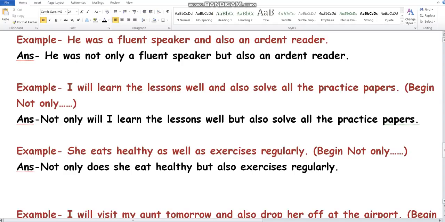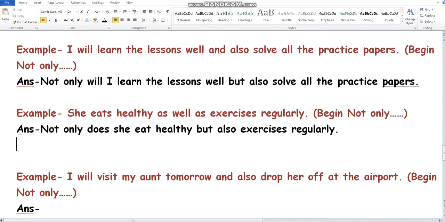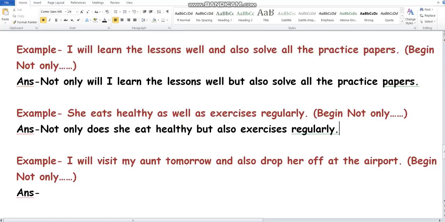Next sentence is: I will visit my aunt tomorrow and also drop her off at the airport. So the answer will be, again, the sentence is in future tense.